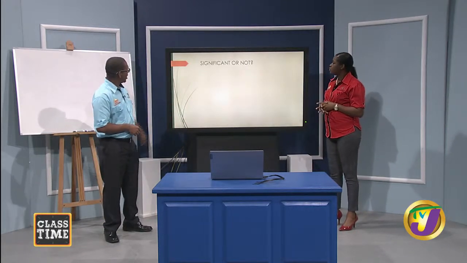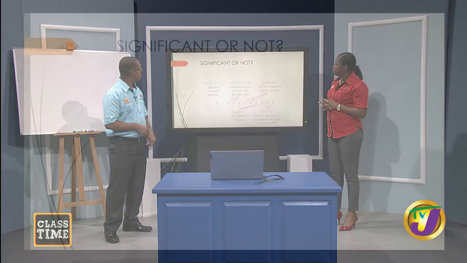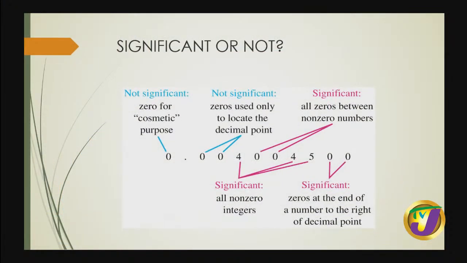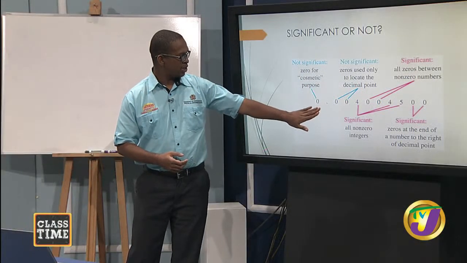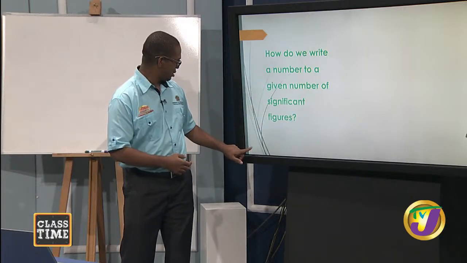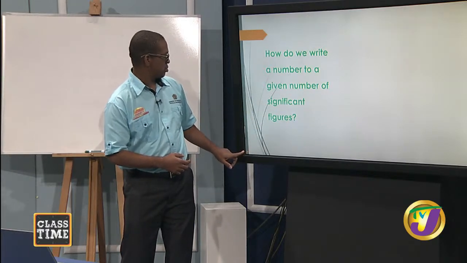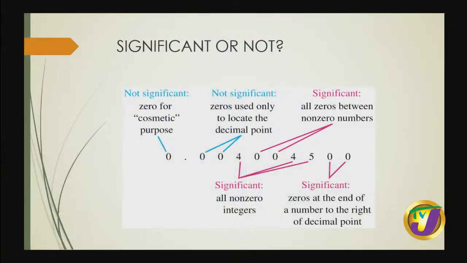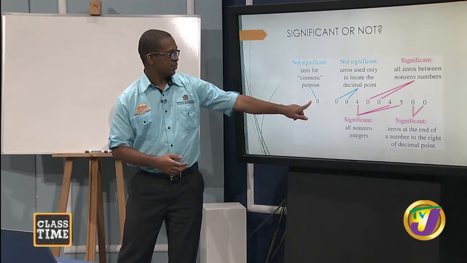Okay, so we're going to be looking at some figures and we're going to determine if they are significant or not, right? And this just gives us a summary of the cases in which the digits are going to be significant and when they are not. Firstly, you're seeing this first one before the decimal place. Those are cosmetic.